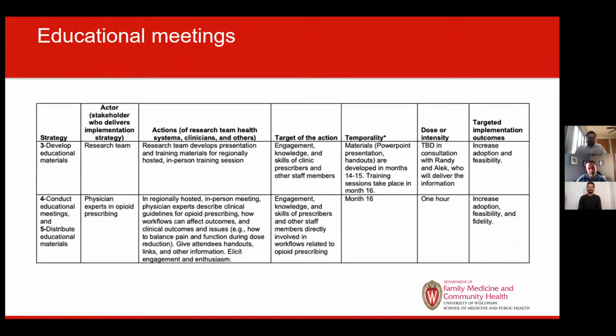We lay out specific activities: who's going to be delivering educational meetings, who we're asking to attend, when these things are happening, how long they're going to be happening. Then we take attendance at meetings to get a sense of the dose received, which gives us a good measure of fidelity to our proposed intervention or implementation strategy.